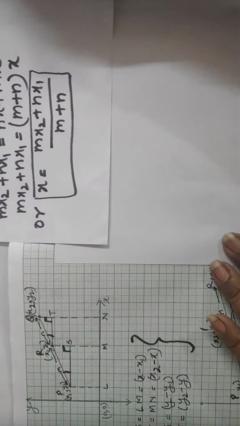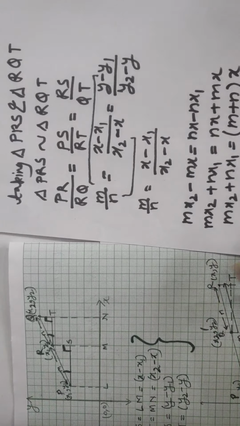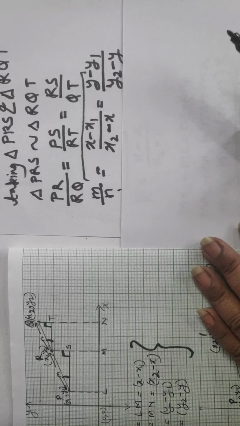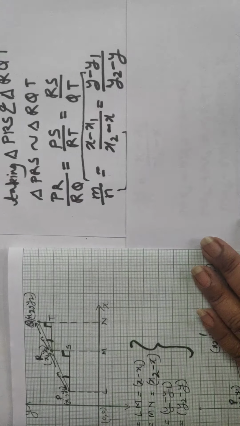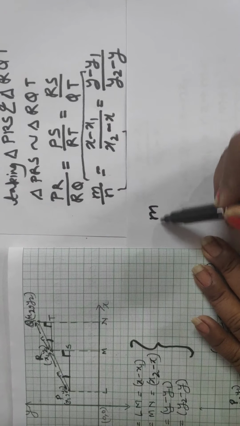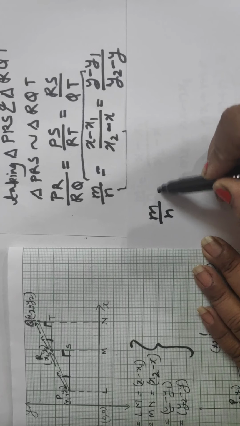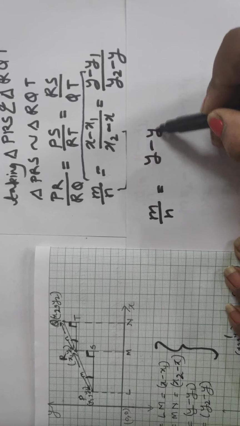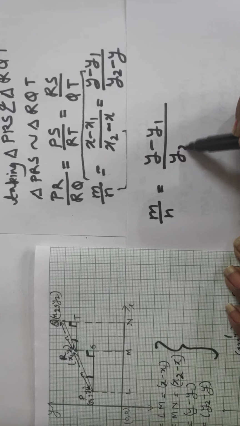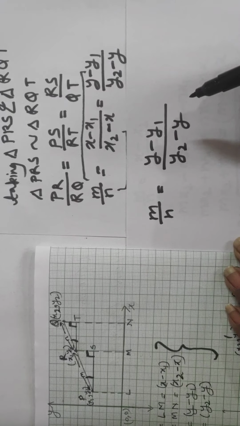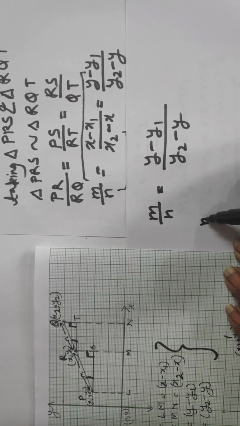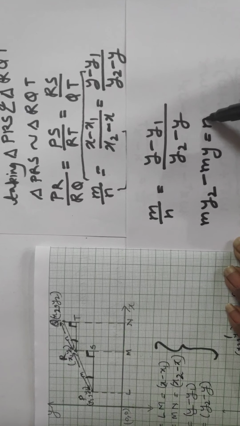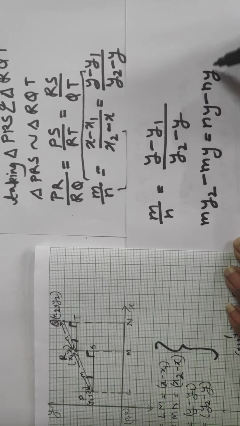So what we will do here, now we will equate m upon n is equal to y minus y1 upon y2 minus y. Again cross multiplication. So my2 minus my is equal to ny minus ny1.